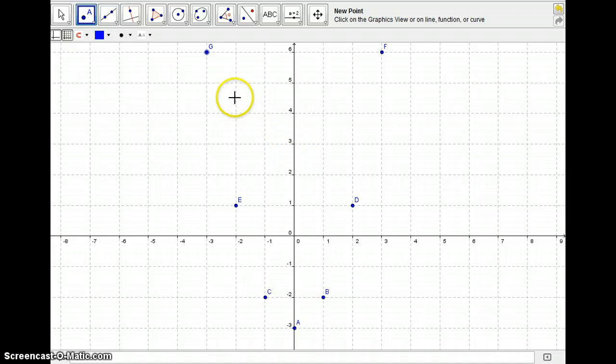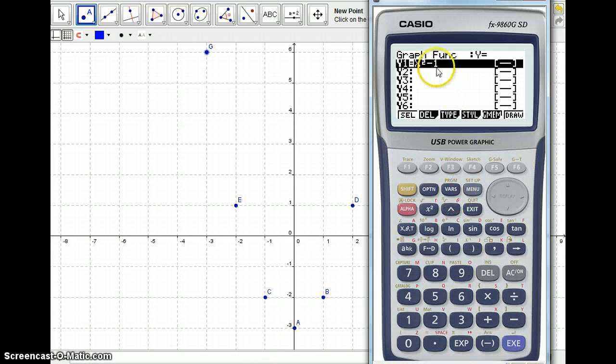The quickest way for me to do it actually is to type it in, but my computer's not going to let me do that now. So you can use your graphics calculator if you've got one to test this out. Say x squared minus 3.